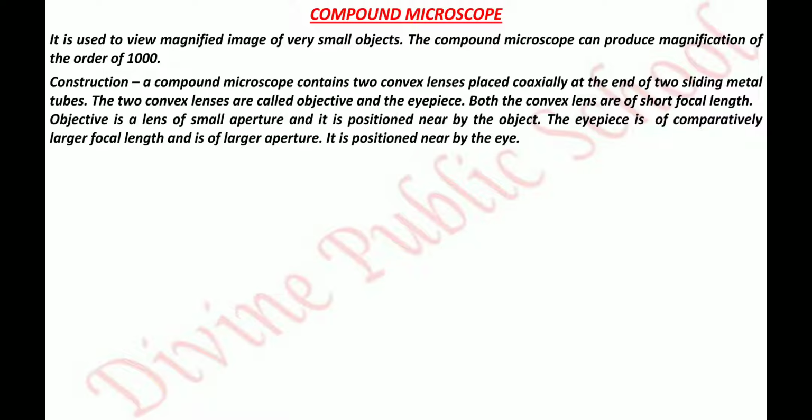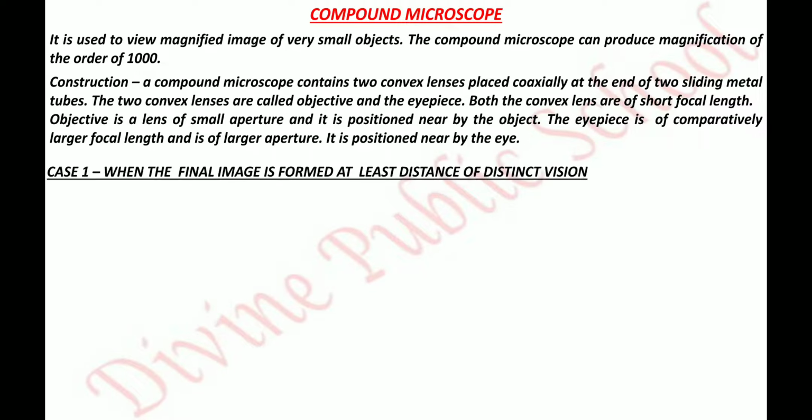As we did in the simple microscope, in the case of the compound microscope also we are going to do two cases. Case 1 is when the final image is formed at the least distance of distinct vision. I hope you remember that in the last video lecture we discussed the least distance of distinct vision.